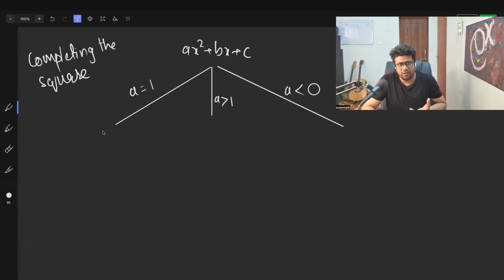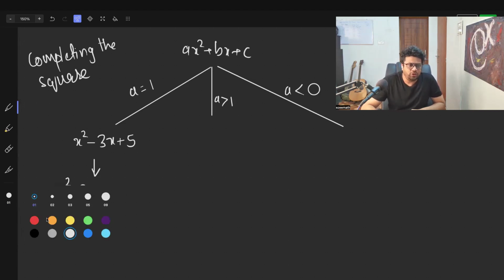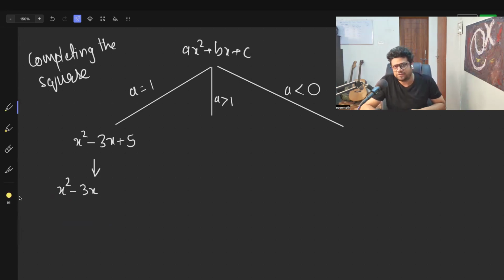For quadratics where a is equal to 1, I'll give you an example. Let's take x squared minus 3x plus 5. How do we complete the square for this one? You write the quadratic as it is, but in here, you're going to add two terms by yourself.